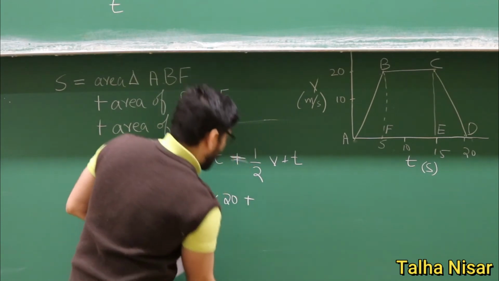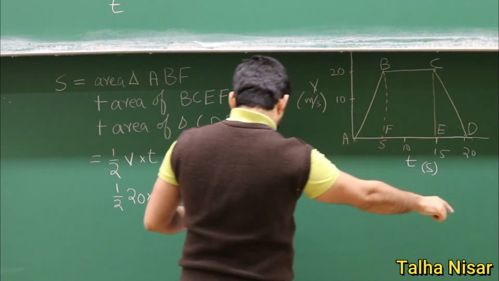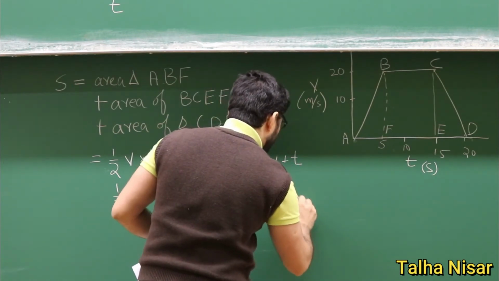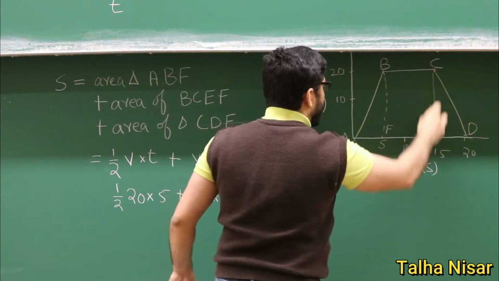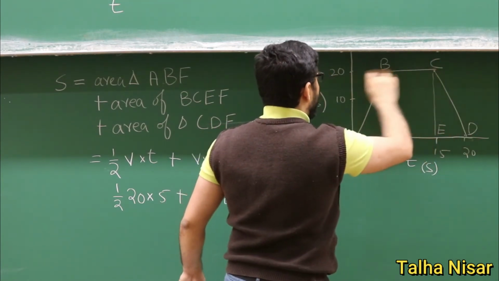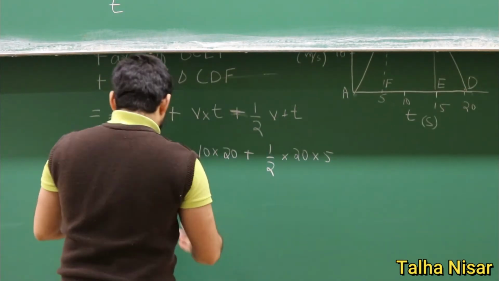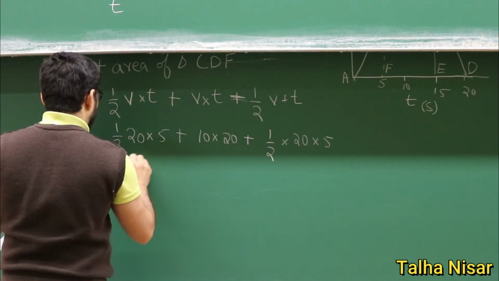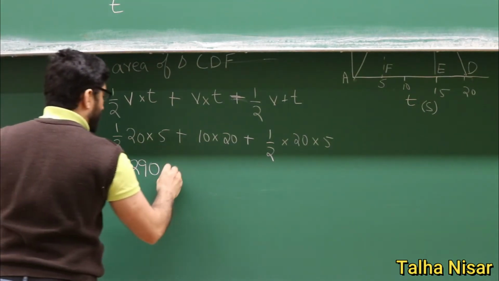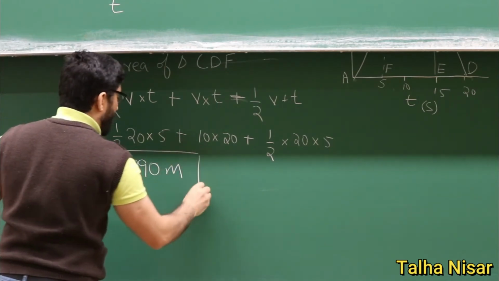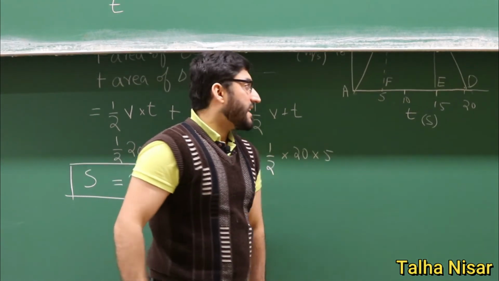Plus 1 by 2 again 20 multiplied by 5, the velocity being the height and 5 seconds the base. If we calculate this, we will have 290 meters. So this is how we calculated the distance that is covered in this case.